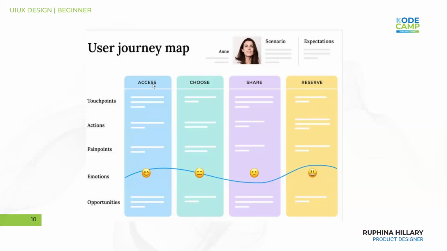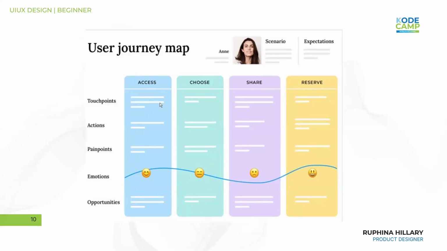So you have access, how they access your product, probably via Play Store or your website's landing page. Choose, how they can choose between different options, filter and search. This is share, they want to share the link to other people, then reserve. Whatever product you're building will usually have its own high level stages. There's the common one that we use, which I will get into as we move forward, but depending on your product, you might want to personalize it a little.